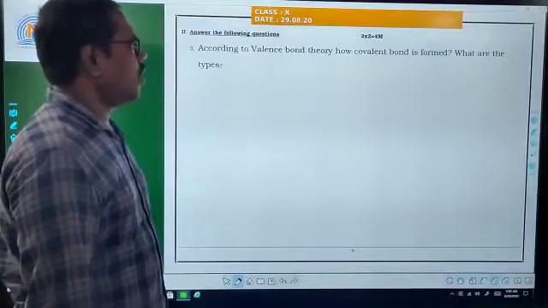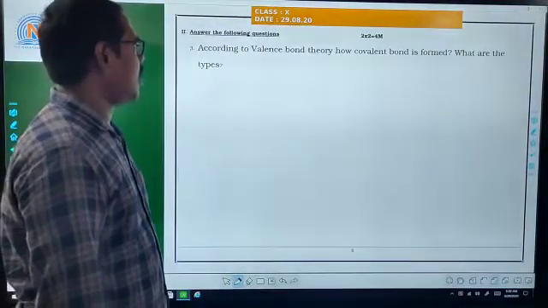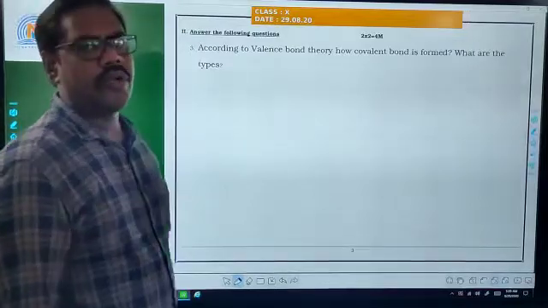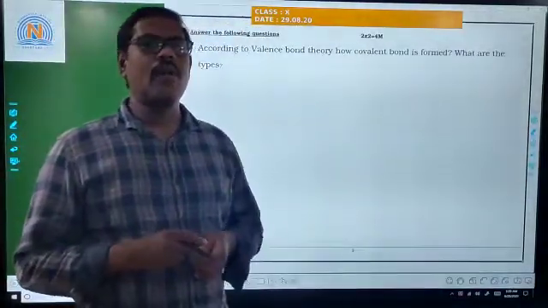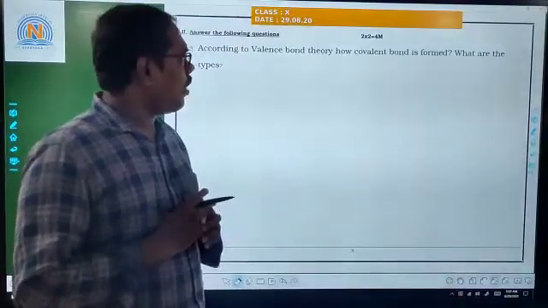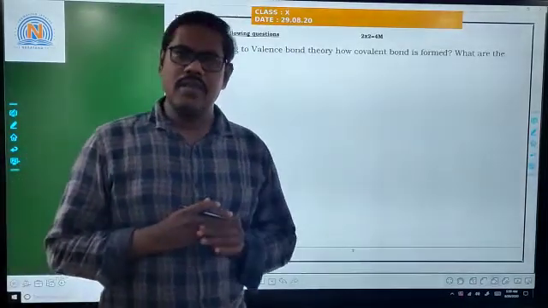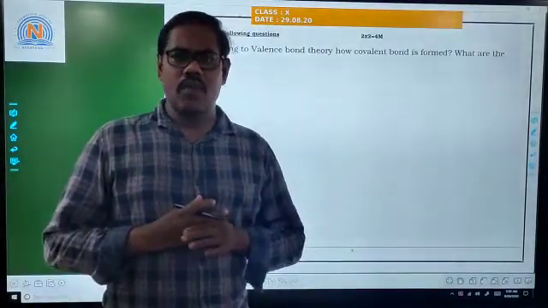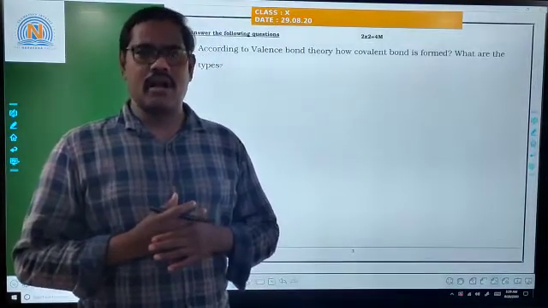Next, according to valence bond theory, how is a covalent bond formed? What are the types? VB theory was proposed by Pauling and Slater. According to valence bond theory, the covalent bond is formed by overlapping of atomic orbitals.